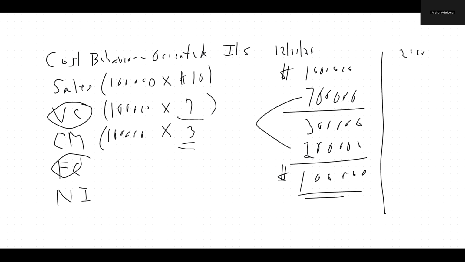So over here, let's see if we can do an income statement for 200,000 units. How much would the sales be? If I have an income statement for 200,000 units, what will my forecasted sales be? Okay, 200,000 times $10. Very good.